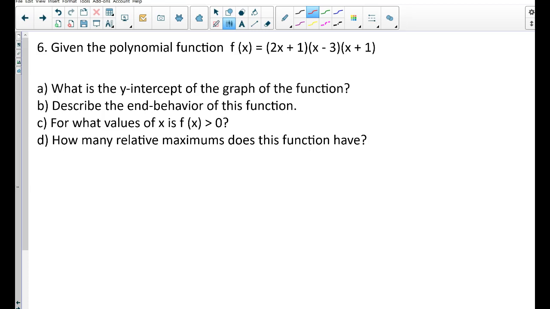For example or homework problem 6, the first thing I want you to do is find the y-intercept. The y-intercept you find by setting x equal to 0. Again, it's where the function crosses the y-axis, and that occurs when x is equal to 0, so that's why you set x equal to 0.